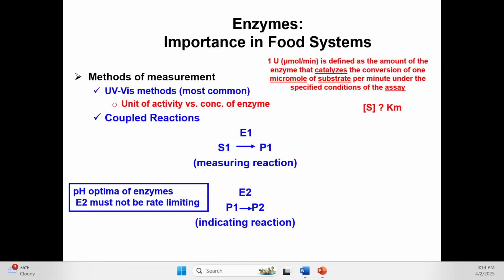If I'm measuring enzyme activity, should the substrate be much greater than Km or much lower than Km? Think about it. Do you want the reaction to be dependent on the substrate or on the enzyme concentration?